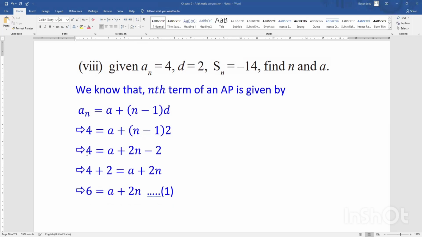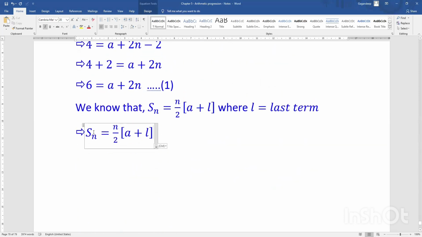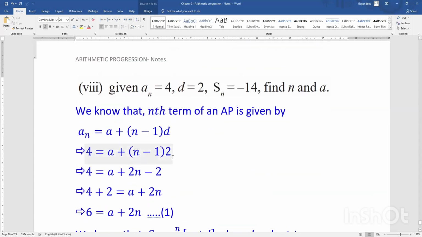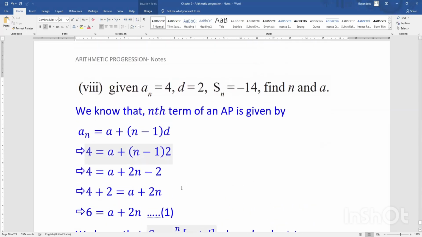Then we have Sn is equal to n by 2 into 2a plus n minus 1 d. I take this formula, copy it again to show you. Now the Sn value is how much? Minus 14. So I write it as minus 14, and then n by 2 keep as it is, and a plus, here we have the last term. L is the last term here. Now what is the last term?